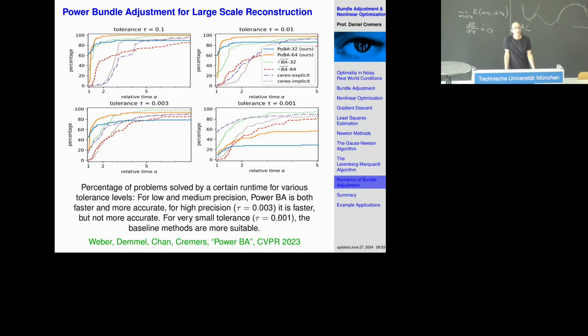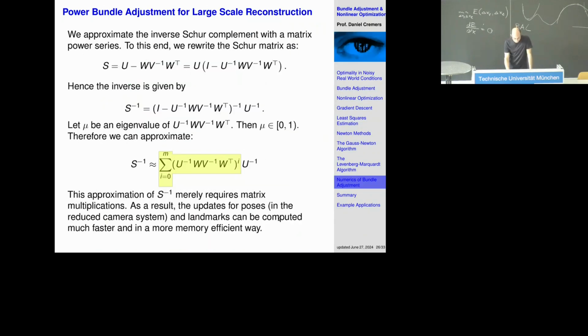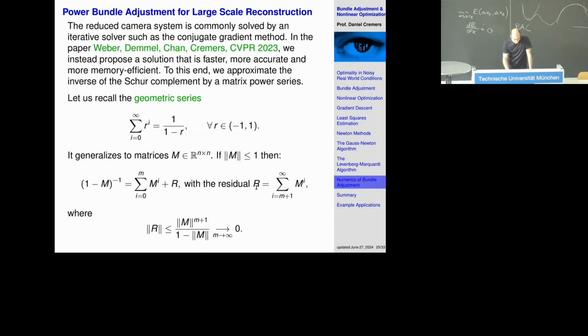Yes? So this is a good point. It's a very good point. I note you really follow closely. We have this truncation here, m, right? And the higher we take m, the better the approximation. But obviously there is a trade-off. If you take higher values of m, the compute time will go up.